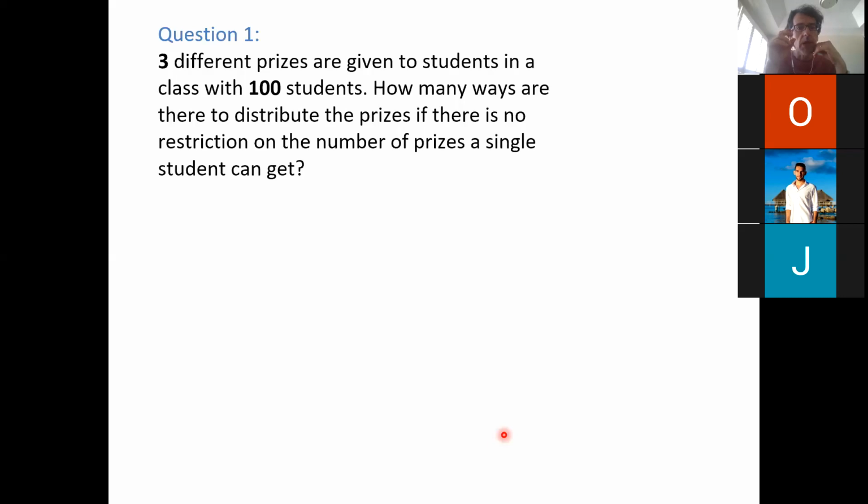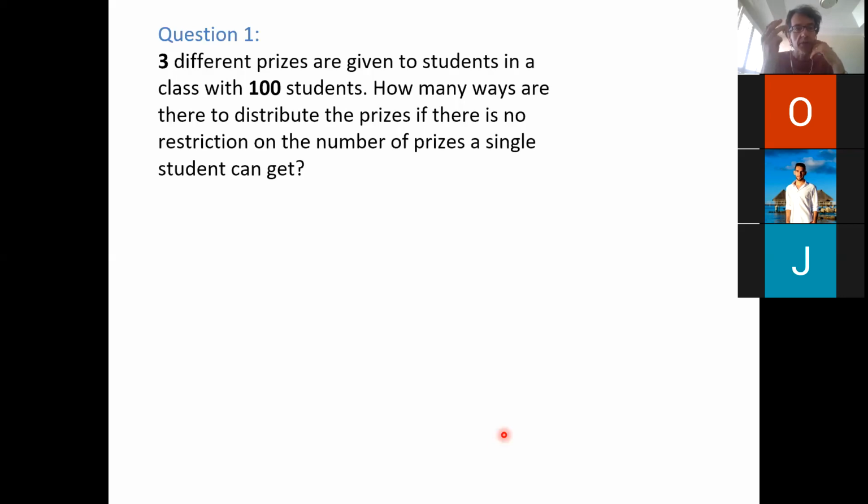What if there are 100 students and 3 prizes, and there is no restriction? So these 3 prizes are for something completely different, like the best test taker, the best homework writer, and the best Piazza participant who answered the most questions. Okay. They could be independent, could be dependent. There are no constraints.